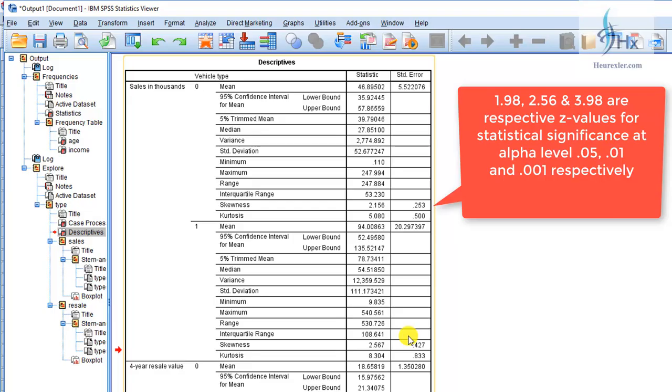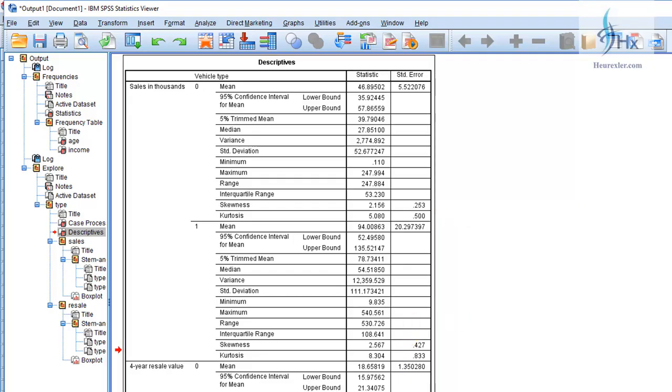So we generally make our conclusion at 95% level, 99% level, and 99.99% level, and corresponding to them we have the three key markers, that is 1.98, 2.58, and 3.98. They are all Z values. So just keep this in mind for the time being, that if the ratio of skewness divided by its standard error is more than 1.98, there is a significant amount of skewness.